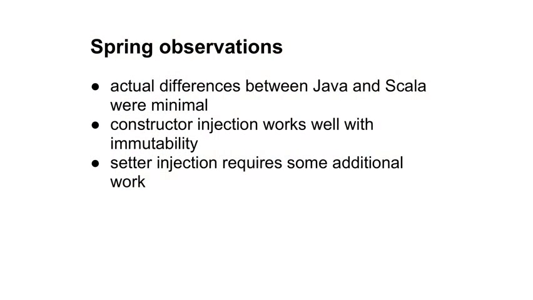As we saw, the differences between Scala and Java in this approach are quite minimal. It's really just the maybe weird way, for some people who are not familiar with Scala, how you put inject annotations on the constructor, and the constructor itself seems a little different than in Java, but really nothing so different.